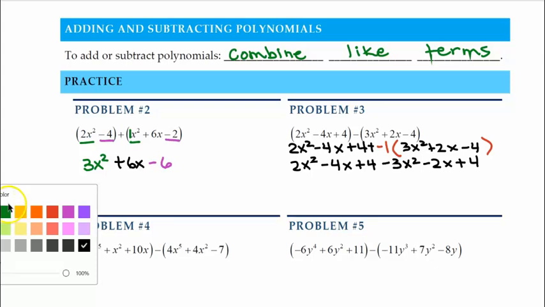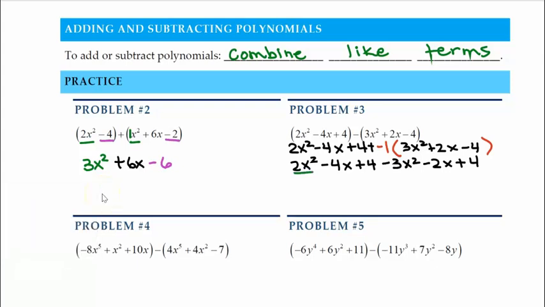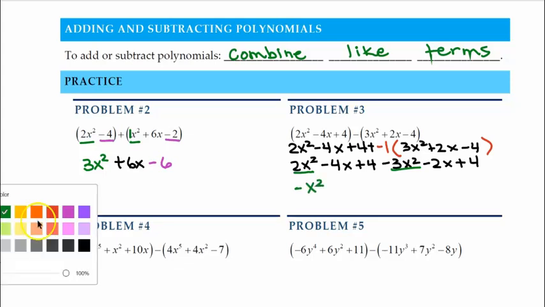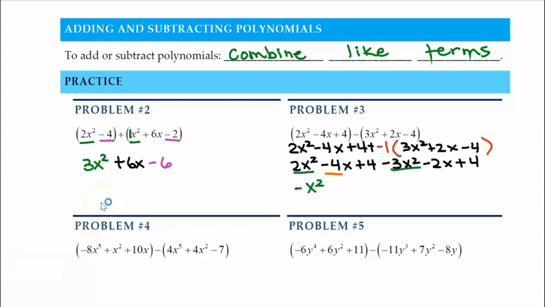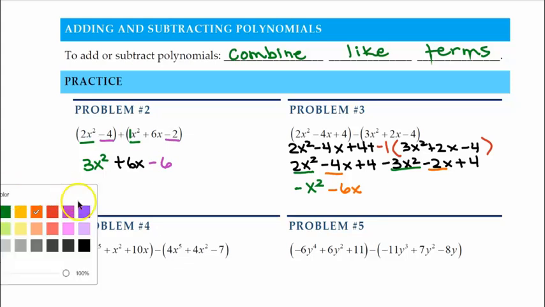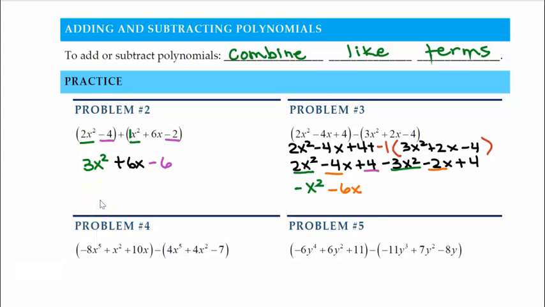So 2x squared minus 3x squared is going to give me just a -x squared. -4x minus 2x is going to give me -6x. And then the last one here would be 4 plus 4, which is 8, so plus 8. And now that would be my answer.